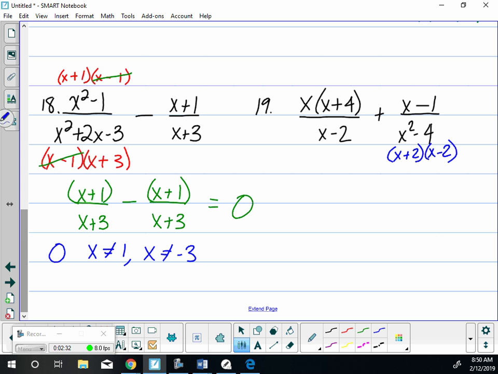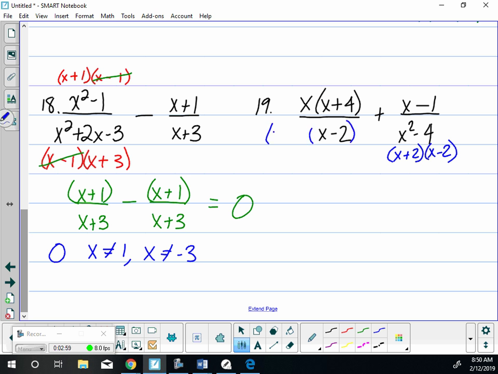So in order to add these fractions together, we are going to need a common denominator. So this one has x plus 2, x minus 2. This one has x minus 2. So they both already have an x minus 2, but this one also has an x plus 2.